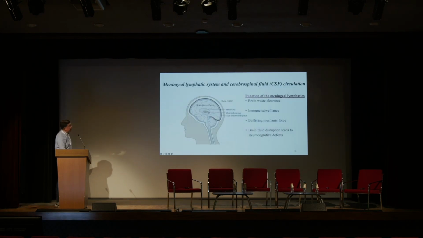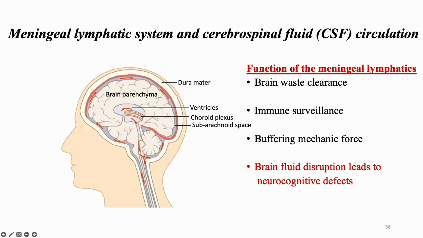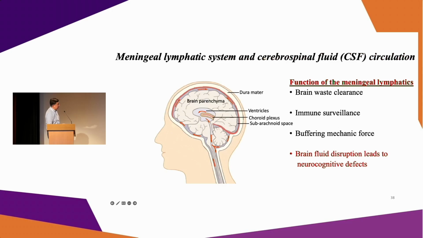This lymphatic system is known to help clear the brain waste, support immunosurveillance, and also serve as a buffer for the mechanical force within the skull. And disruption of the fluid flow through the lymphatic system has been linked to the development of diseases such as Alzheimer's disease later on in life.